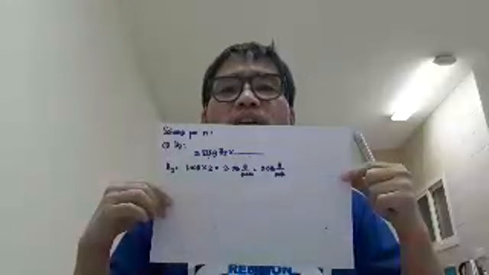We have to invert, so our 2.016 will be in the denominator, grams, with mole upside, so that we can cancel the grams of H2.